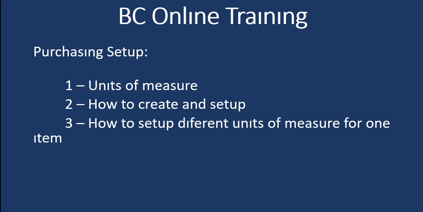It's just an example, right? The idea is how you can set this up in order to consume or buy or sell items in a different unit of measure than the one you manage your store with. So let's go to Business Central and see how this works.